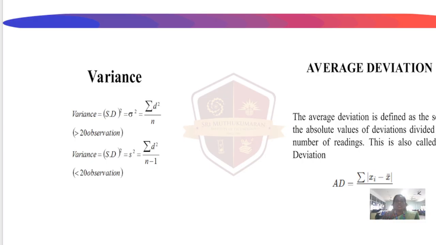Next, average deviation, also called the mean deviation. It is given as the sum of the absolute values of deviations divided by the number of readings. Mathematically, average deviation is given by AD equals sigma of absolute value of xi minus x bar divided by n. Both variance and average deviation help us to understand the spread of measured values and the reliability of the measurement.